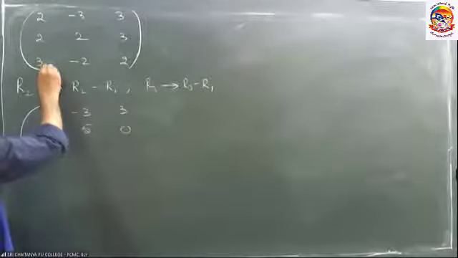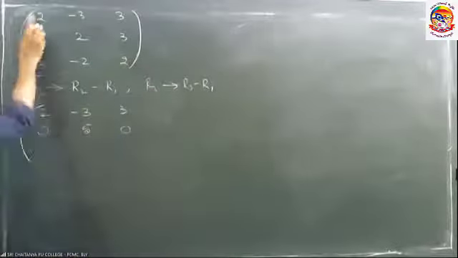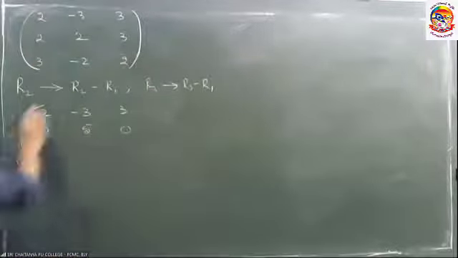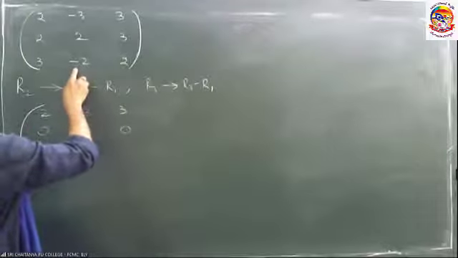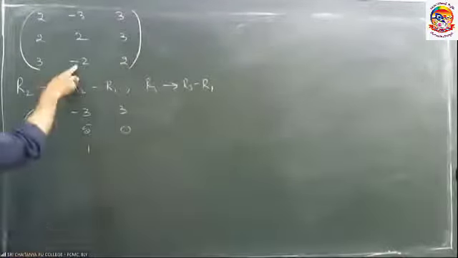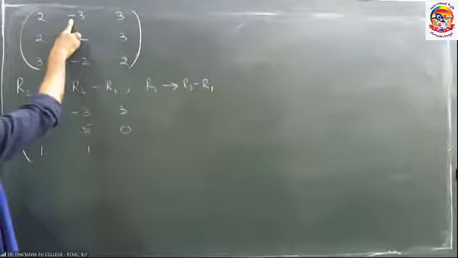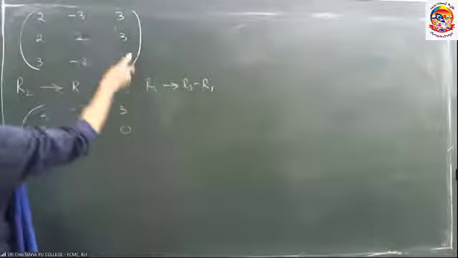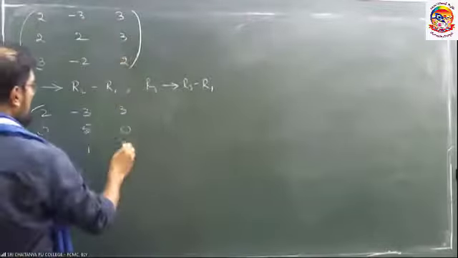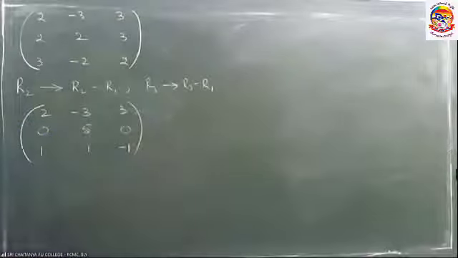Next, R3 changes to R3 minus R1. 3 minus 2 is 1. Minus 2 minus of minus 3, which means minus 2 plus 3 is 1. 2 minus 3 is minus 1. Okay.